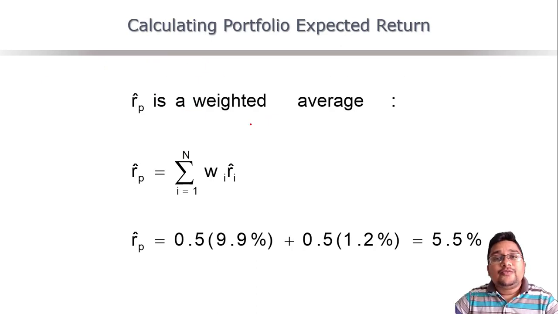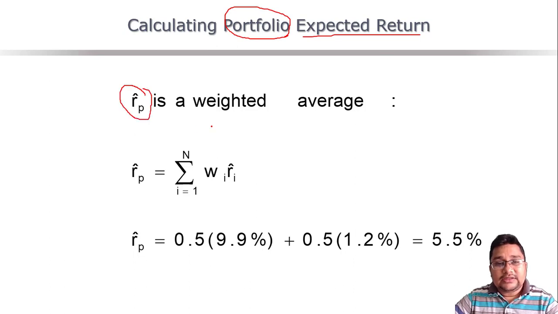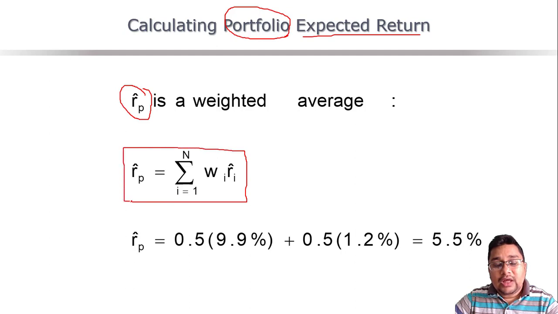So at first, let us focus on the estimation of the expected return of the portfolio. If we give the notation R_P hat for the portfolio expected return, then R_P hat will be equal to the weighted average of the individual asset returns, the assets that are in that portfolio.